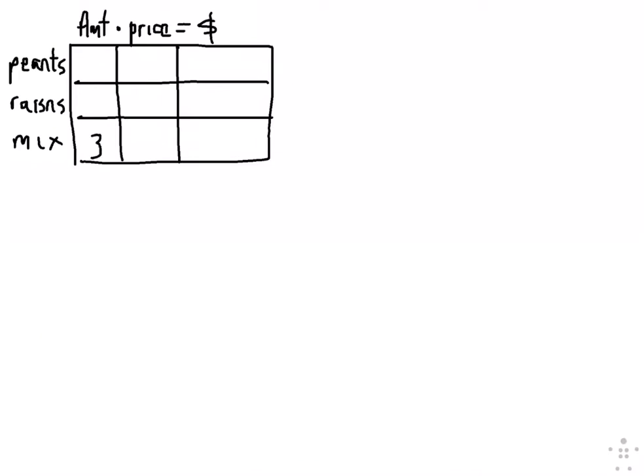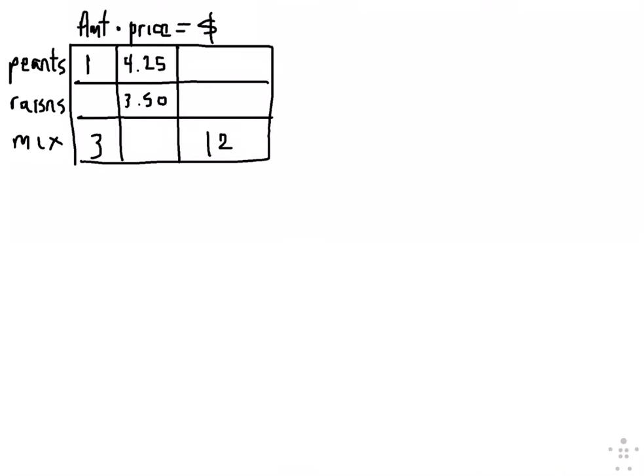She had 3 kilograms. The peanuts cost $4.25 per kilogram, and the raisins cost $3.50 per kilogram. The whole mix costs $12, so the total amount of the mix costs $12, so that goes there.